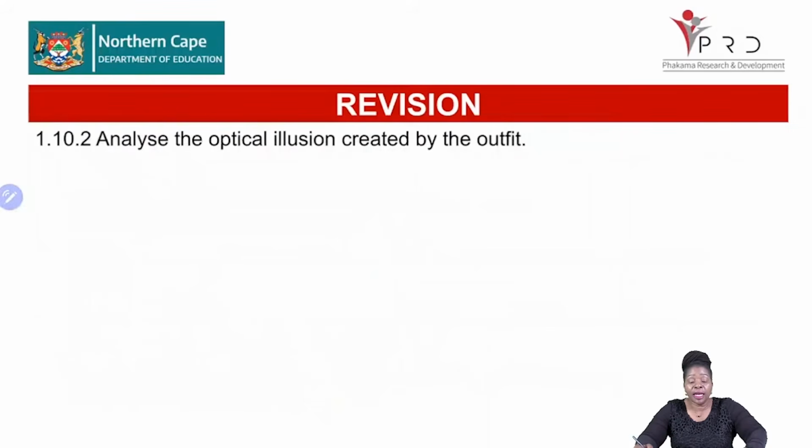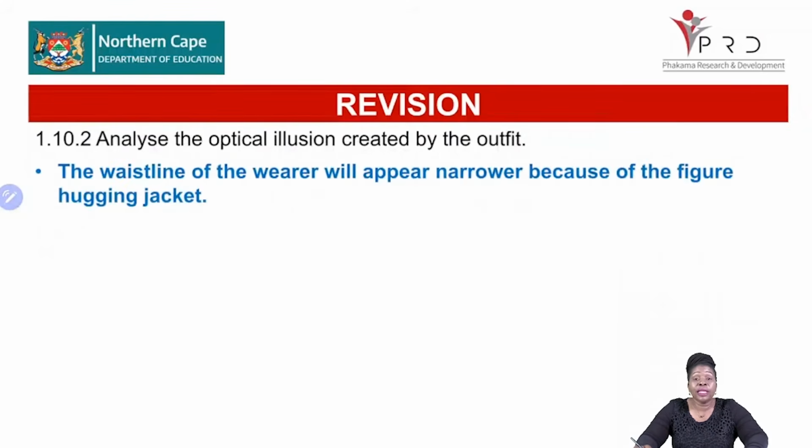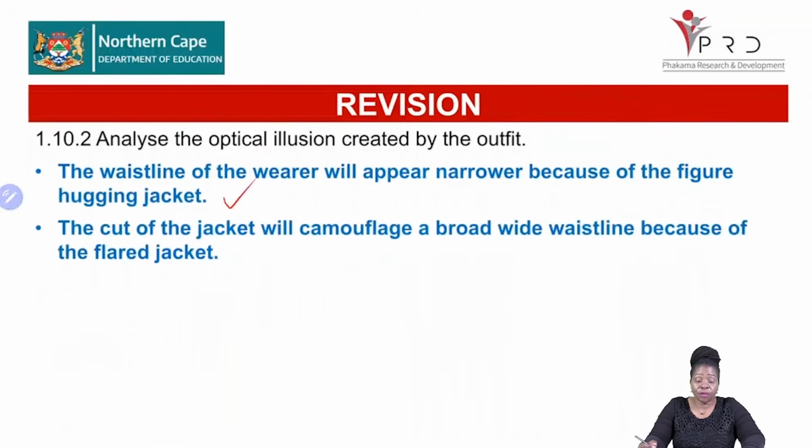1.10.2 says, analyze the optical illusion created by the outfit. So, firstly, the waistline of the wearer will appear narrower because of the figure hugging jacket. And also the cut of the jacket will camouflage a broad, wide waistline because of the flared jacket, right?